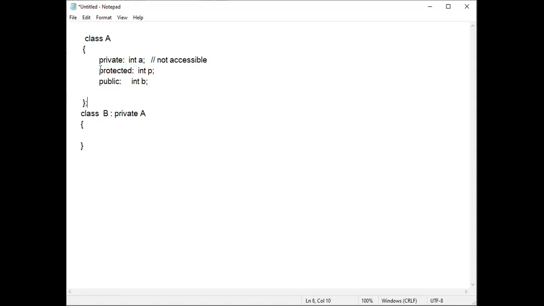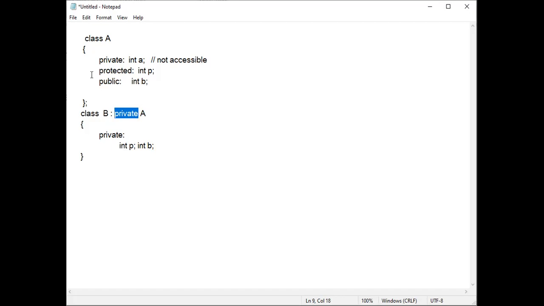But when you inherit these two properties into class B by using the private access specifier, whatever data is present in class A, whether protected data or public data, both will come in the private section. Understood? So when you are inheriting in private mode, public data and protected data of class A come in private mode because the inheritance mode is private. Understood? Let me explain once again.